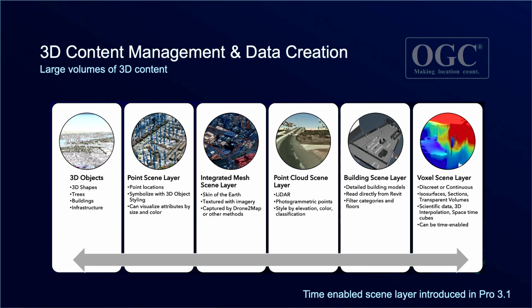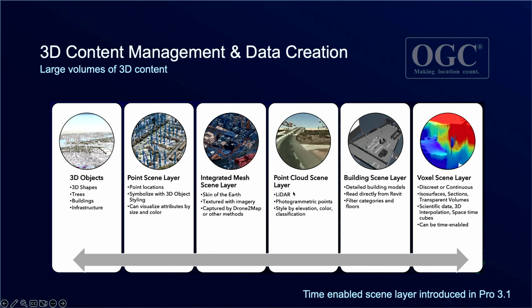Currently, we have the 3D object scene layer, that is using simple 3D objects, whatever it is, OBJs, whatever you have. You have the point scene layers, which is like the point feature layer symbolized with 3D objects. The integrated meshes, Jack calls them the 3D image of the Earth, right?